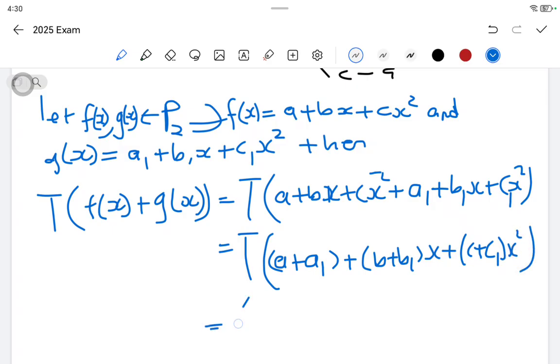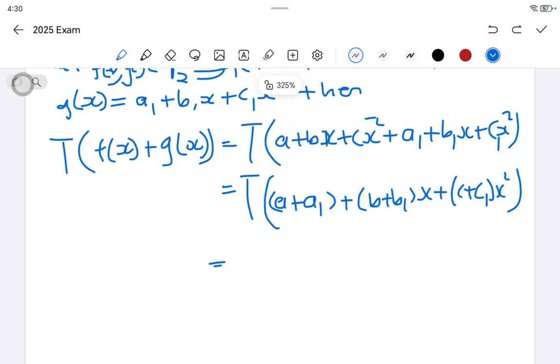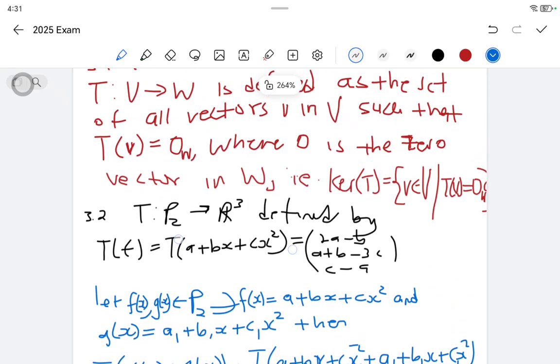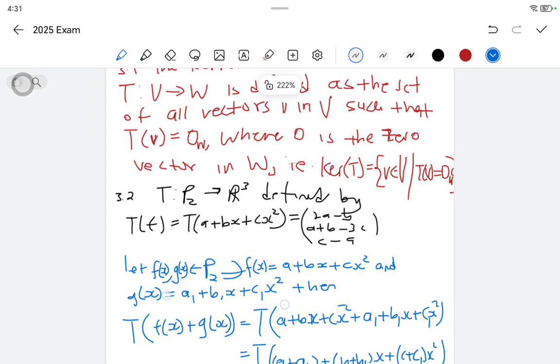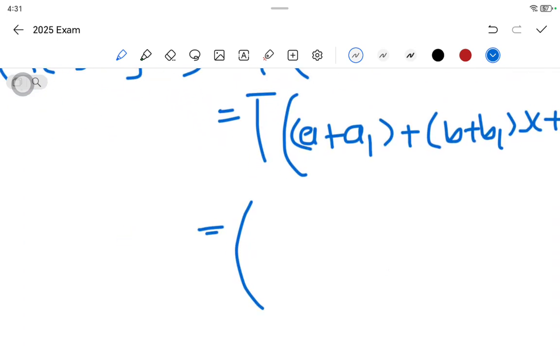And this is equal to, according to that question, they say that at the end it's 2a minus b, meaning that a will be replaced by this. It's 2a minus b, so b will be replaced by this.